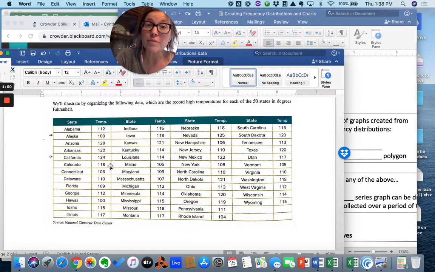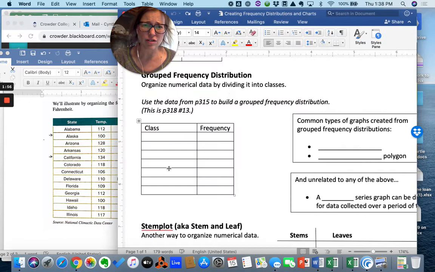We don't want too many classes either, because then it's kind of overwhelming. If we have this huge list, and it's like, how many of them are between 100 and 101, and 102 and 103, there's going to be so many of them. That's not going to communicate well either.